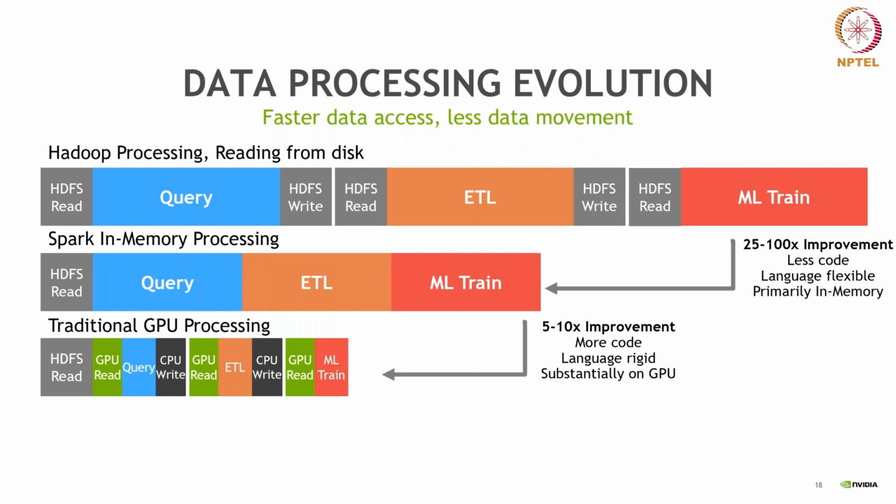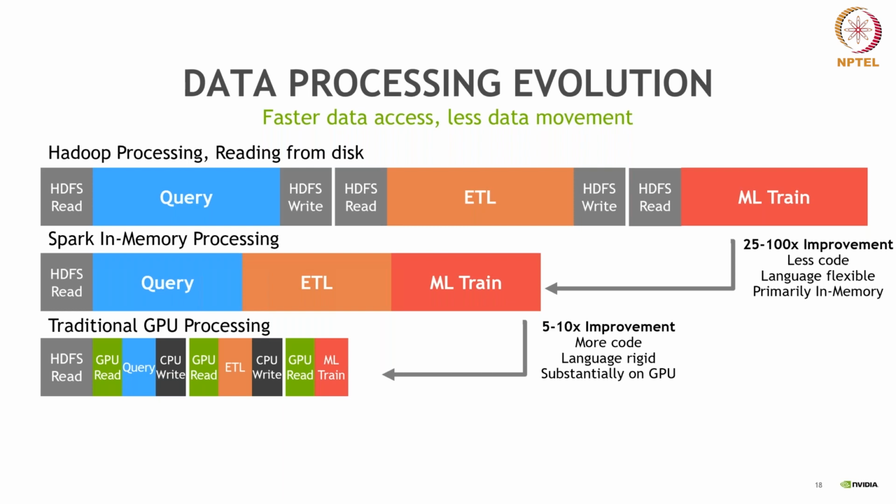The next set of improvements came because, now that we have solved the problem of reading from file, my query, extract, transform, and load and ML train still take a long amount of time, which is the compute part of it. In order to solve that problem, as GPUs were becoming more and more popular, deep learning also was becoming more popular.